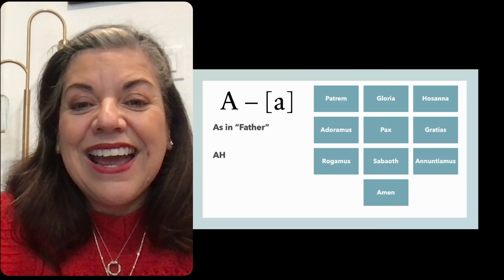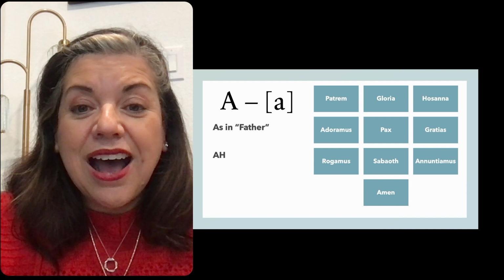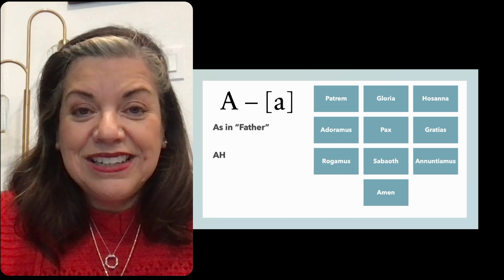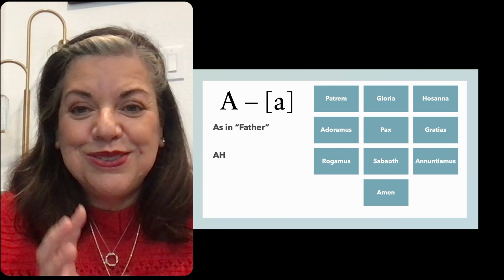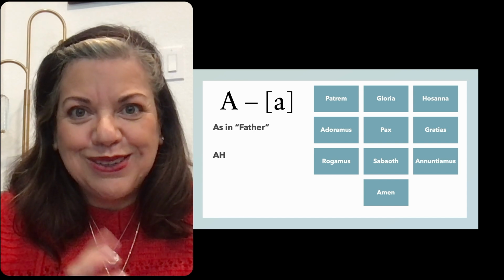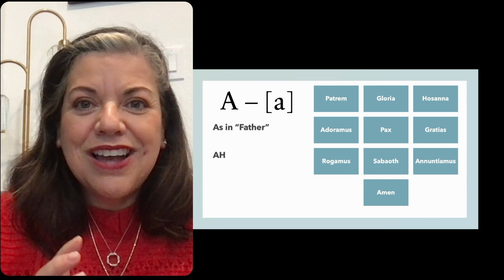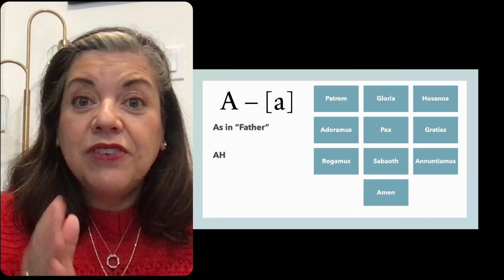The A has a sound ah, as in father. It's not too open and not too closed, so not too dark either. It's not ah and it's not aw, but it's ah, father.